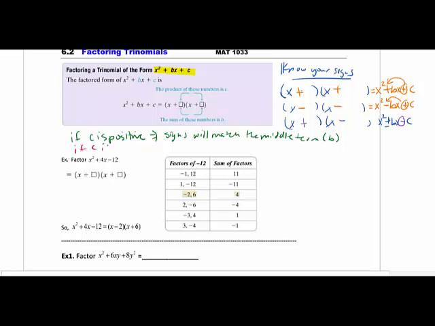If c is negative, the signs will always be opposite. One will be negative, one will be positive. You need to know this because these rules will apply for 6.2, 6.3, and 6.4.